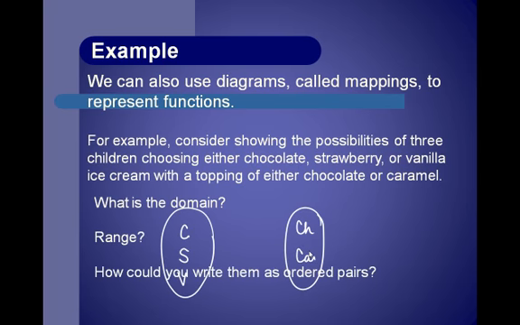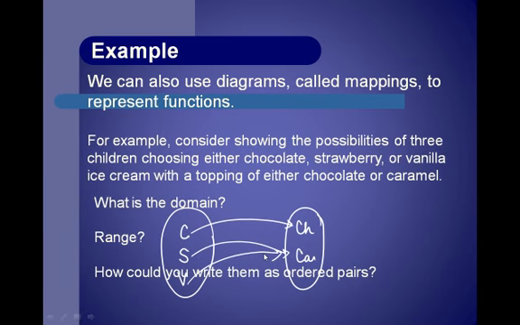And then to write them as an ordered pair, if we've got 3 children, they have to pick. Well, maybe this one likes this one. Maybe the chocolate likes the chocolate topping. Maybe the strawberry likes the caramel topping. And maybe the vanilla likes the caramel topping also.